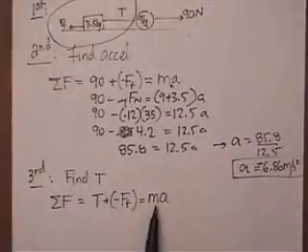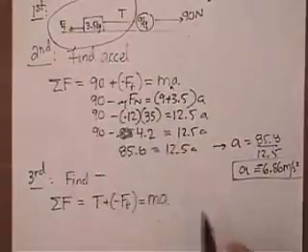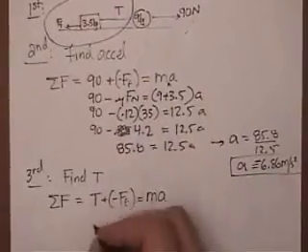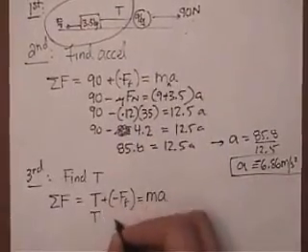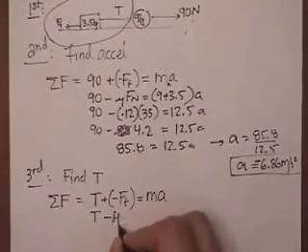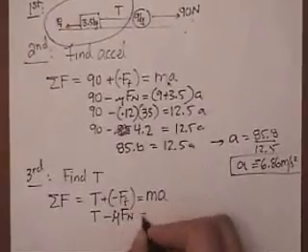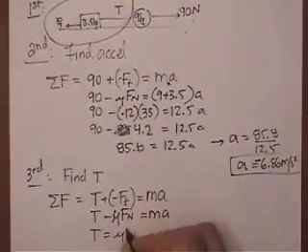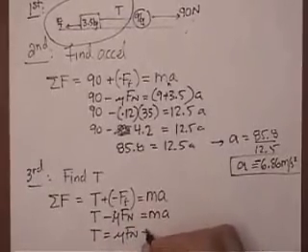This time it's not m net, it's just mass of that times the acceleration, which I figured out here, but not with a negative. So let's see, tension, subtract mu Fn equals ma. So my tension is going to end up equaling mu Fn plus ma.